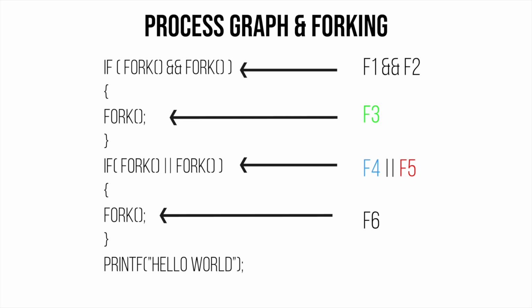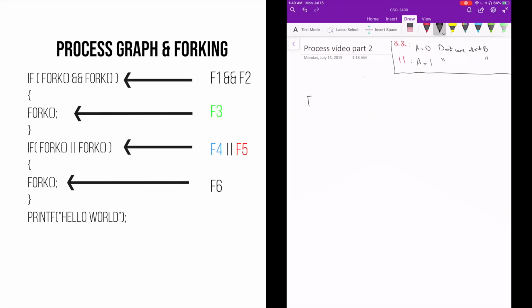Okay, so we're going to take care of F1 first. So we're forking, hence we are returning the parent and the child. Child is 0, the parent is 1. Cool. This is pretty normal.